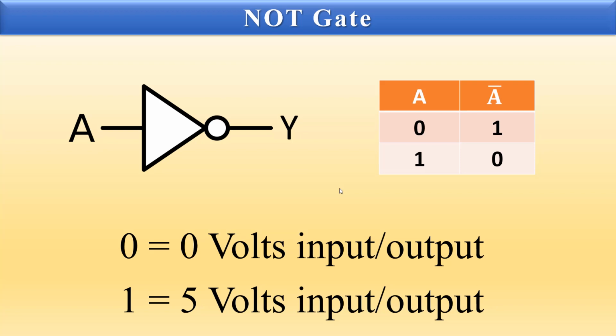All the three circuit symbols we have seen and the truth tables we have understood. These three gates, AND, OR and NOT, are called the basic logic gates because they act as the basic building blocks of digital electronics. With the help of these three gates, any digital circuit can be built.